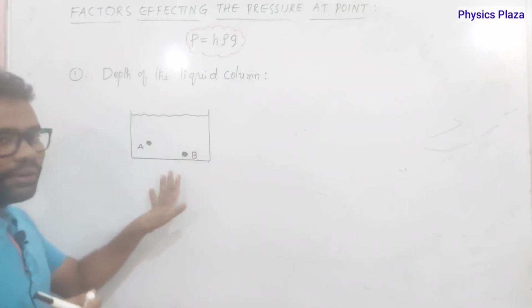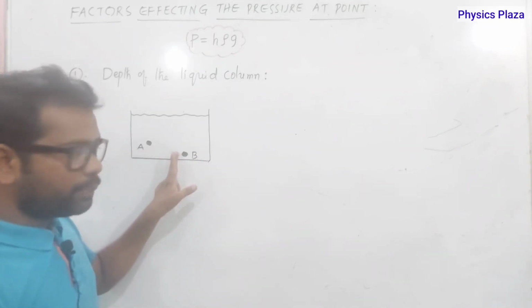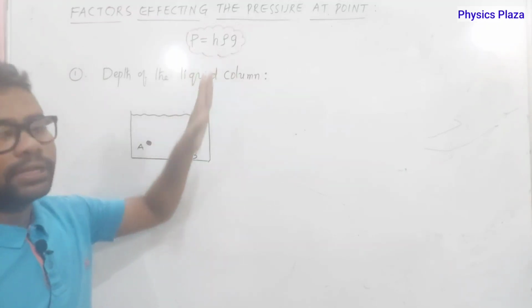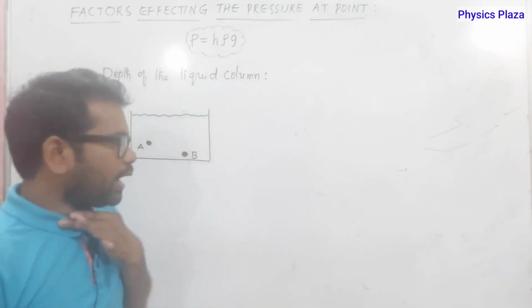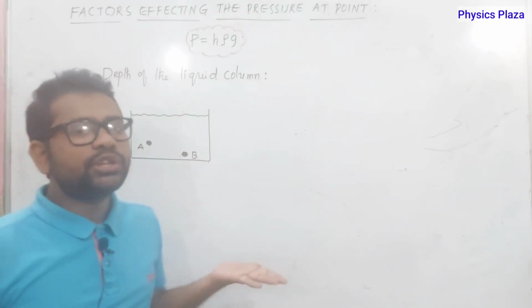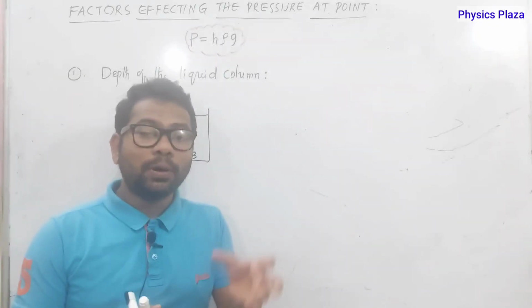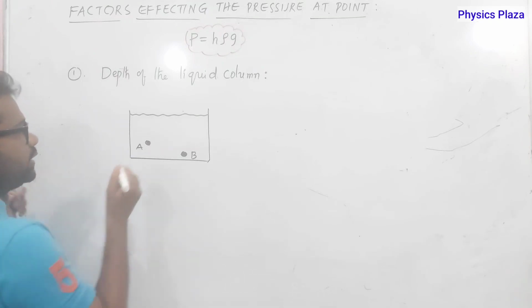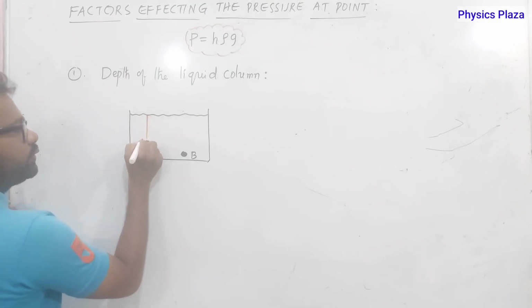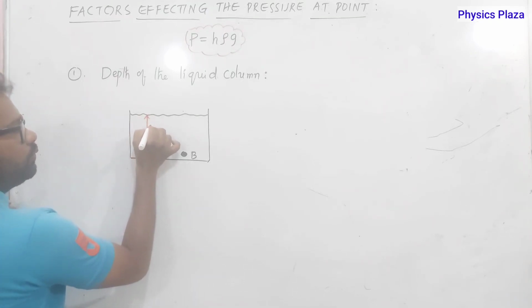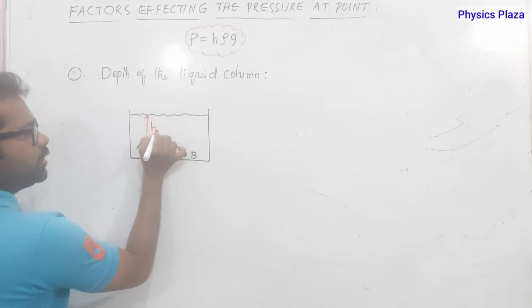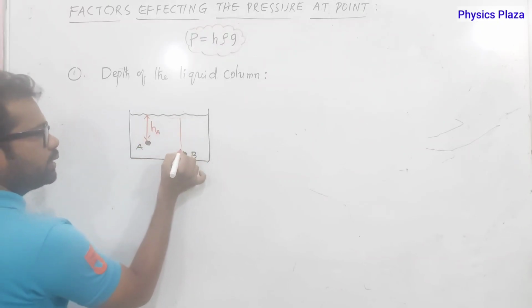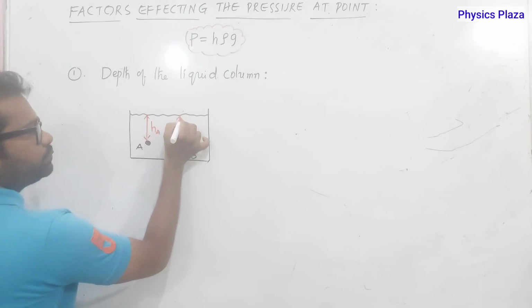Children, as it is the same liquid at point A and point B, obviously the density will be the same. And as we are performing at the same place, g value also remains constant. But what makes the difference? The depth actually. If you can see, the depth matters here. Children, this is at a depth of H1, let us say HA. And this depth is HB.